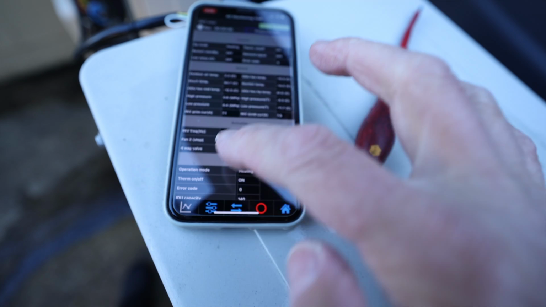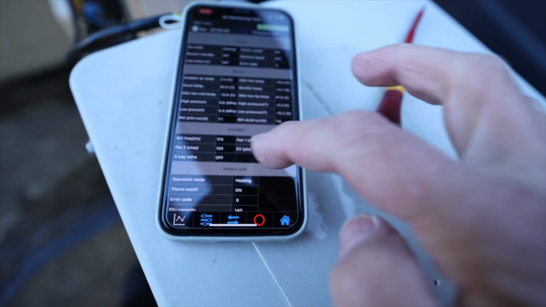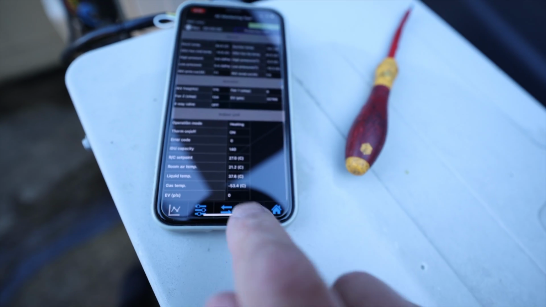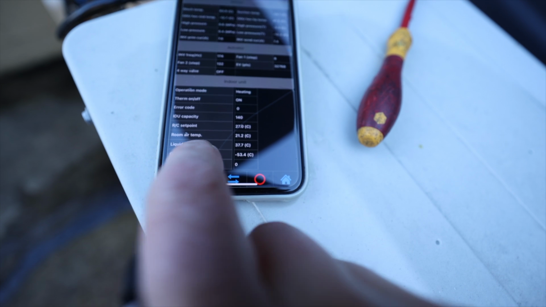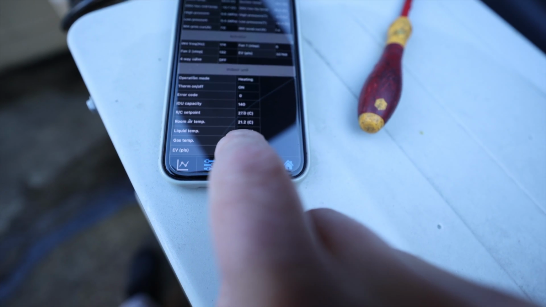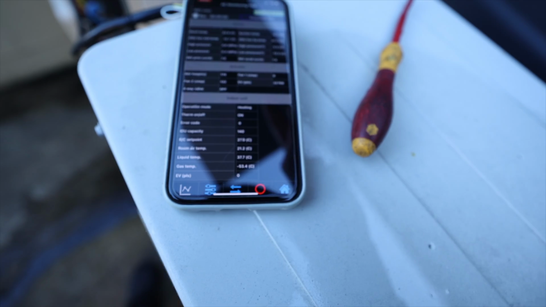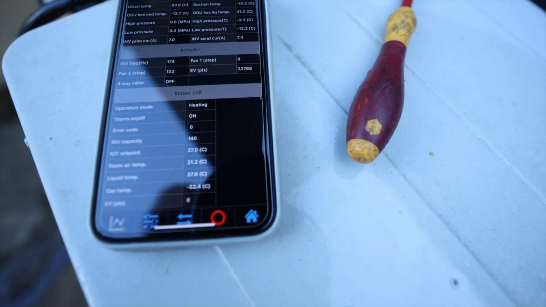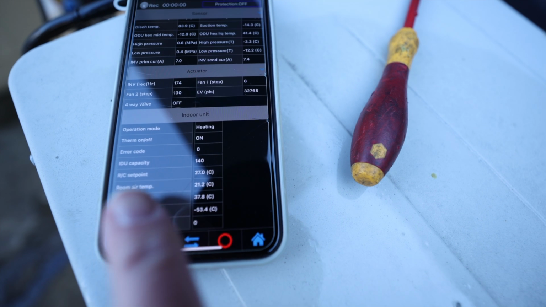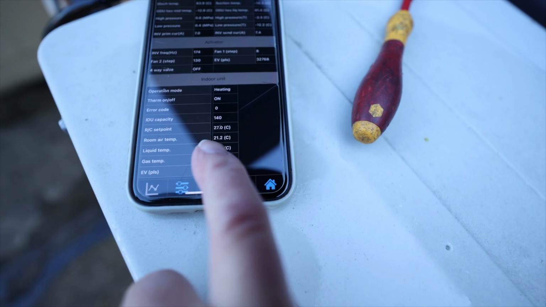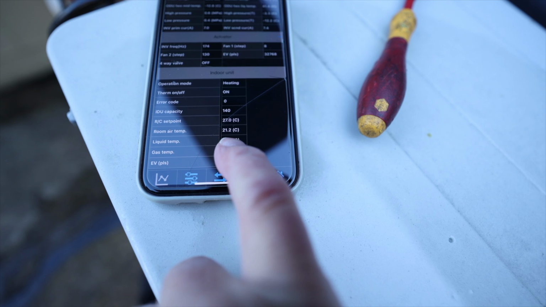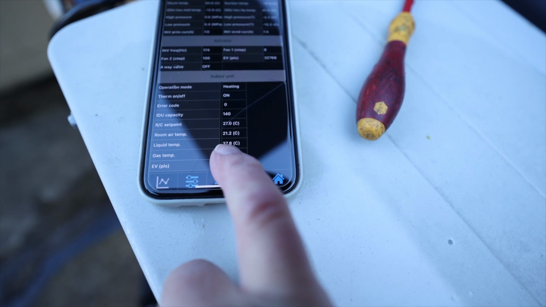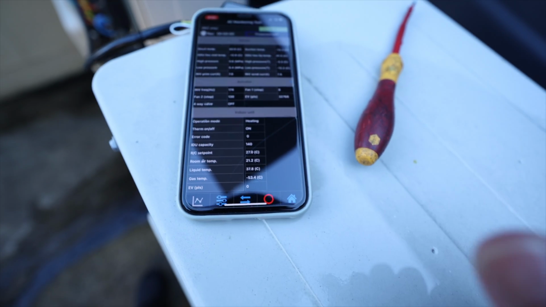We've still got 174 hertz, so it's on 100%. We've dropped off in liquid temperature here, so we're down to 37. So because we're absorbing less heat from outside, because the coil is covered in ice, we get a drop off in capacity. So we're down to 37 degree coil temperature.